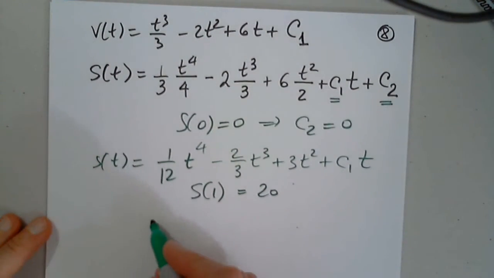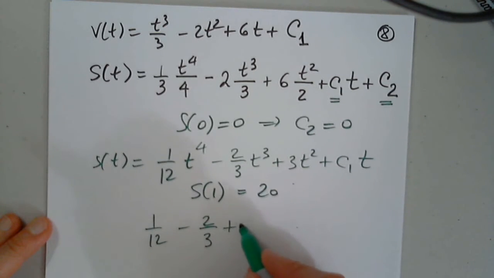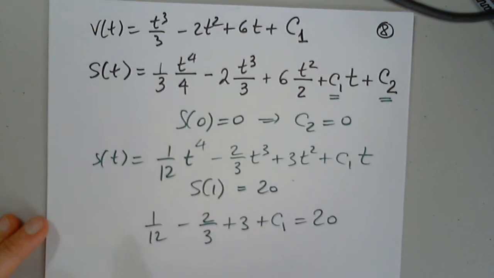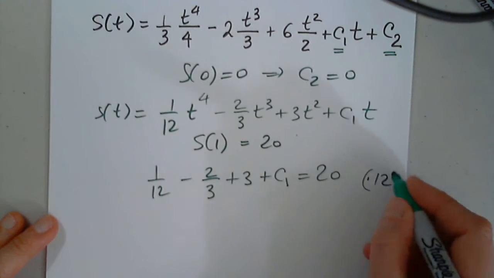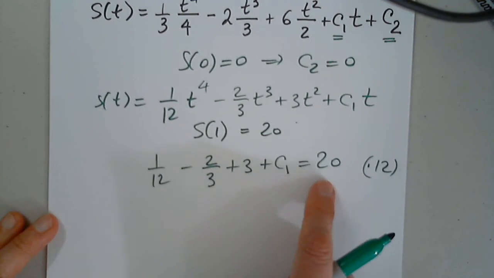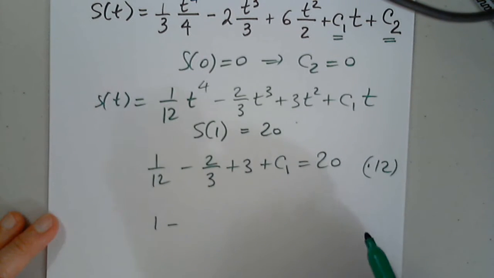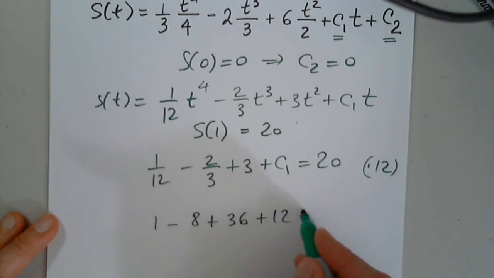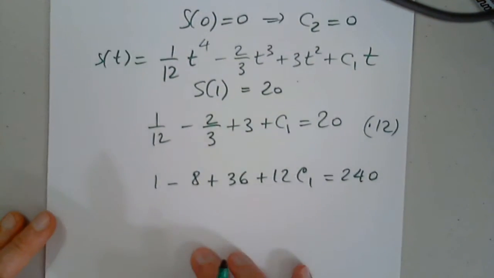Okay, so 1 divided by 12 minus 2 divided by 3 plus 3 plus c1 equals 20. Lovely. I'm going to multiply everything by 12, after or before, it doesn't matter. Okay, so I have 1 minus 8 plus 36 plus 12 c1 equals 240.